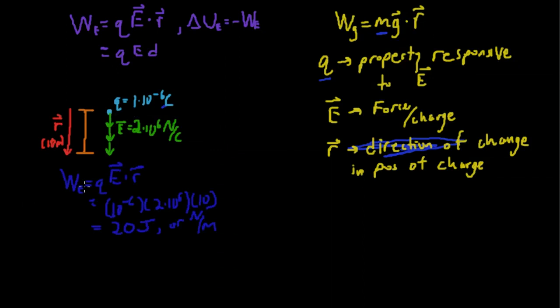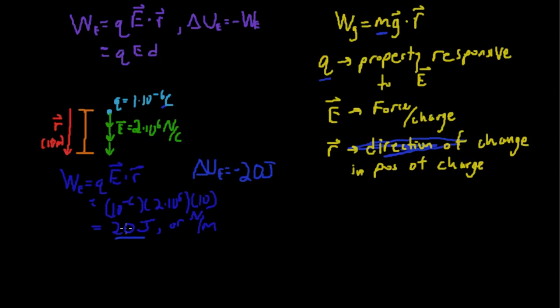And so I can calculate how much work is done by the electrical field just by taking the responsiveness to the electric field, the size of the field, and the distance through which we're going to move. And when I multiply that all together, I get 20 joules, or 20 newton-meters, as the amount of work that the field is going to do. Now this translates into a change in electric potential energy of negative 20 joules.